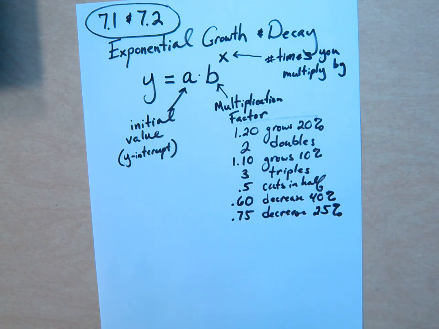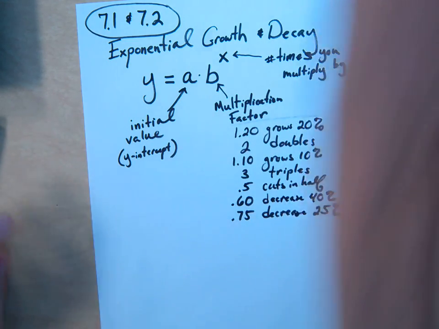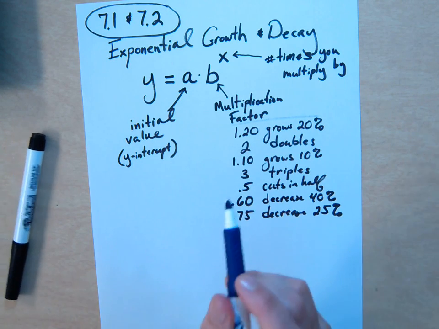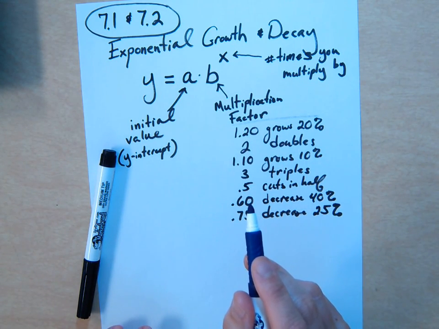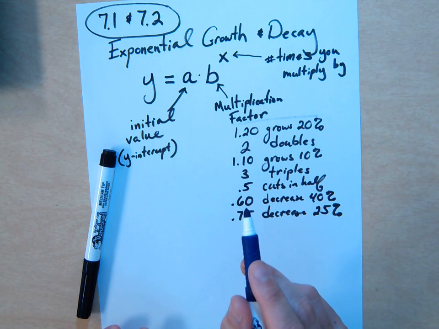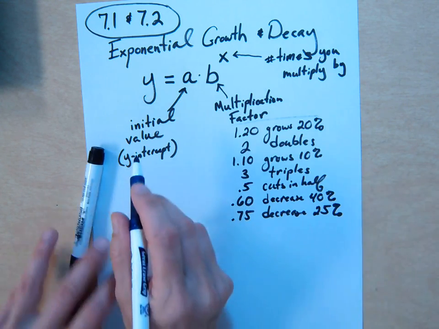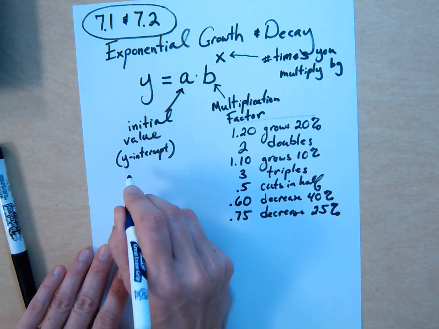So if we were to take the example to see how much we would make on the 30th day working at Google if we started with 1 penny.